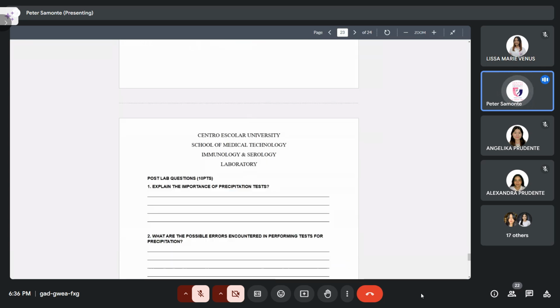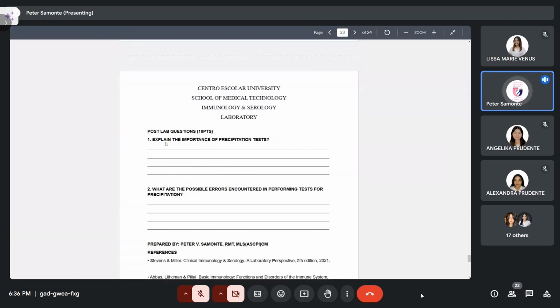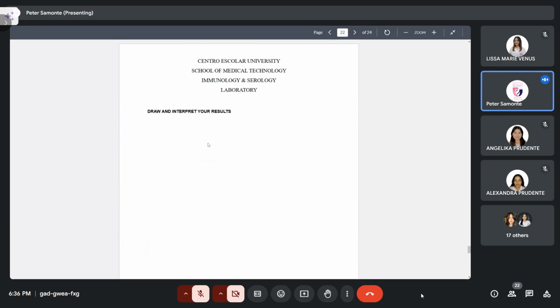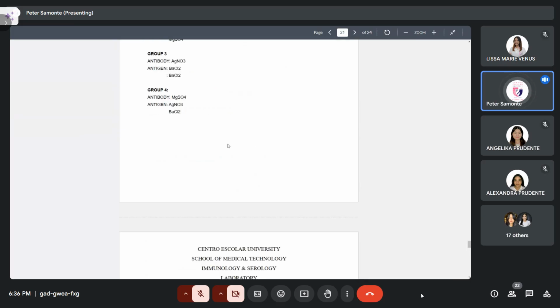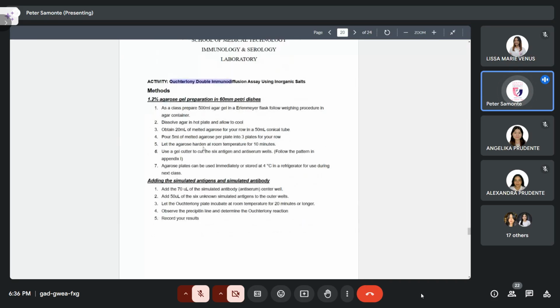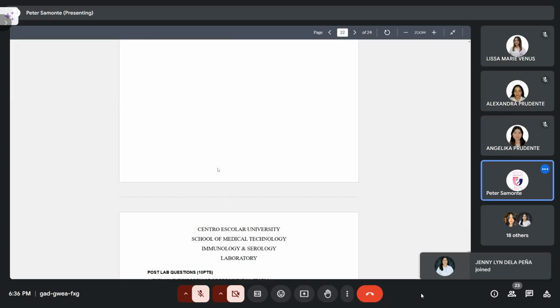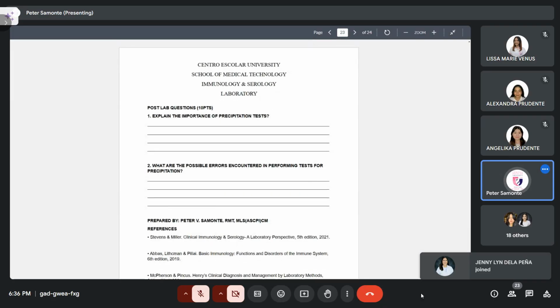So, i-collect ko lahat ng manual ninyo. Make sure to answer the post-lab questions as well. So, again, for the last time, for activity 3, i-draw ninyo yung 3 possible results ng Ouchterlony double diffusion. Then, don't forget to answer the post-lab questions. The deadline would be on the exam day. Ang exam natin, class, it would be on February 10. February 10 na lang tayo mag-exam.